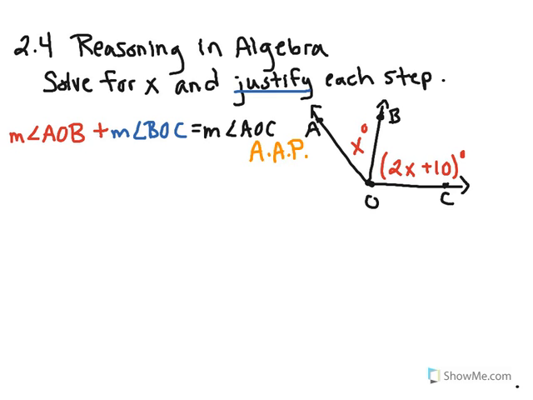Now the next thing I'm going to do is I'm going to actually substitute what all of these measures are and take it from there. And I'm going to say that the measure of angle AOB is x. That's all I know. Okay? And then I'm going to write my plus sign. Now I'm going to write down whatever the measure of angle BOC is, which is 2x plus 10.